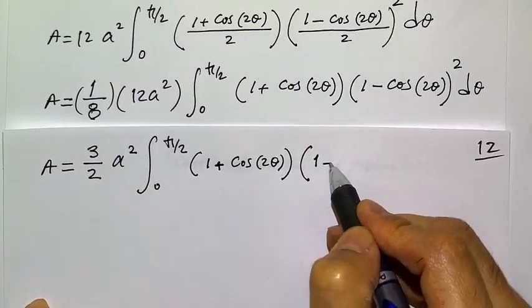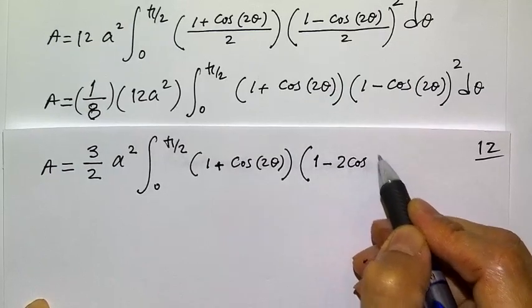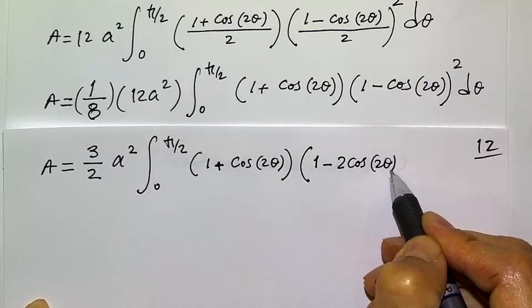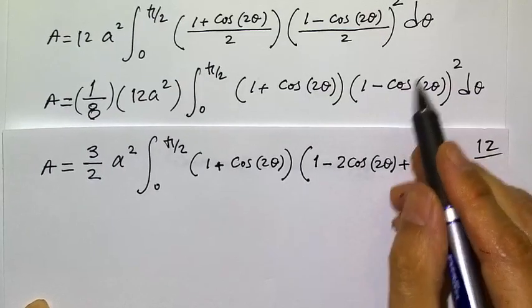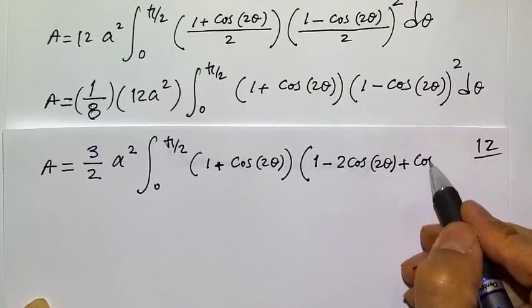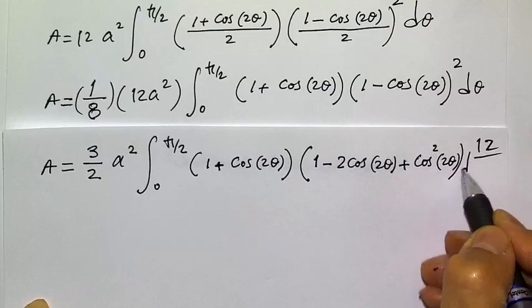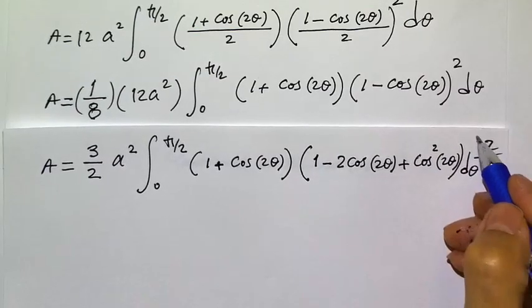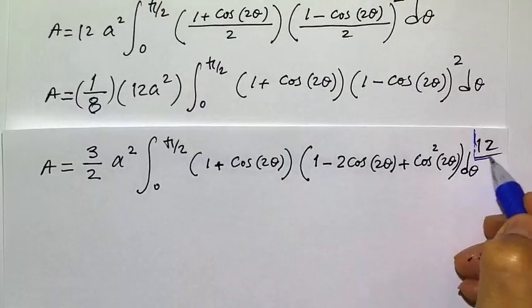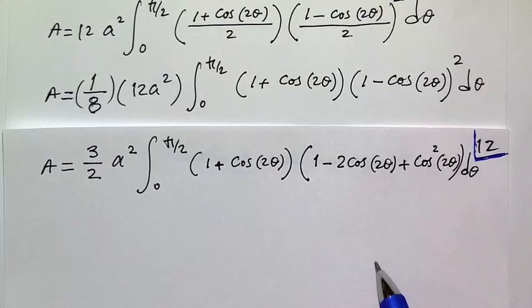We get 1 minus 2 cosine of 2 theta, plus cosine squared 2 theta, and then of course d theta. And that's the page number there, that's not part of our equation.